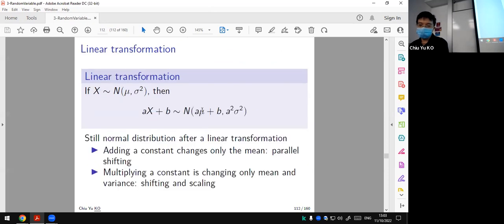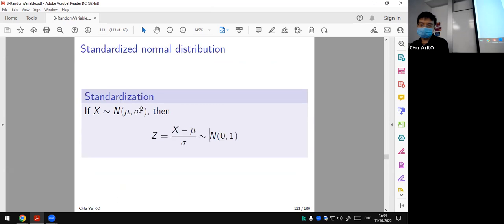Go back to here: we subtract B, so B is negative. We subtract the mu, that becomes 0, and we divide by the sigma, so the variance becomes 1. So why do we want to do that?